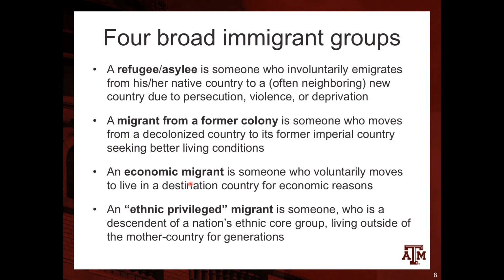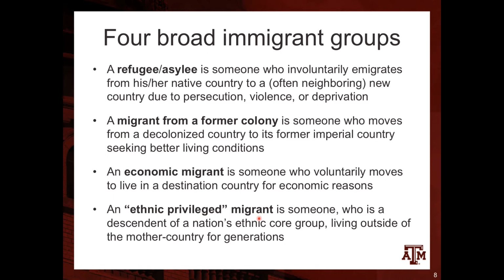And an ethnic privileged migrant is someone who is a descendant of a nation's ethnic core group living outside of the mother country for generations. So we have a lot of Western European migrants, for example, living in Latin America, in Brazil and Argentina, and those are usually more ethnic privileged migrants.